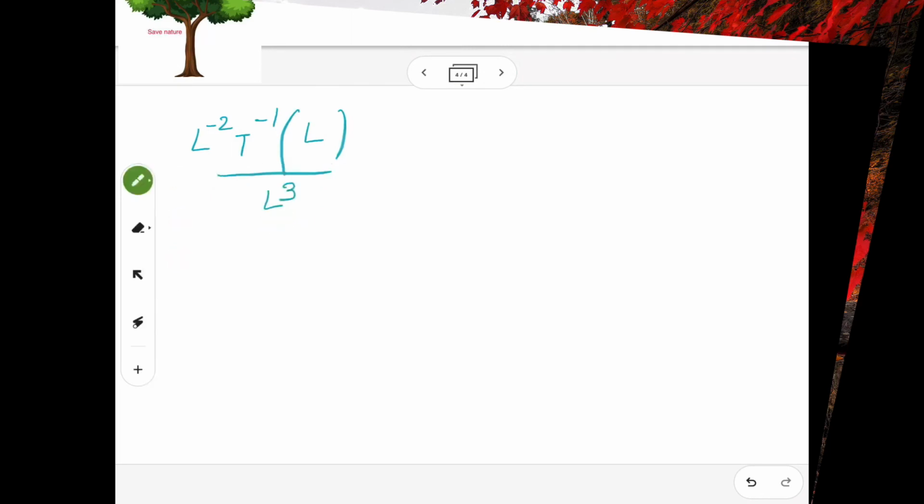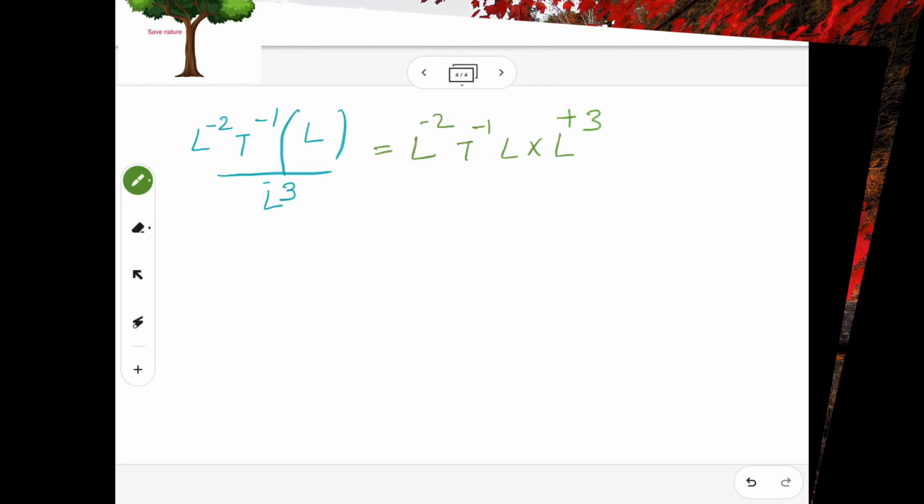So finally the equation will be like this: L raised to minus 2 T raised to minus 1, times L, into L raised to minus 3, which goes up to L raised to plus 3.